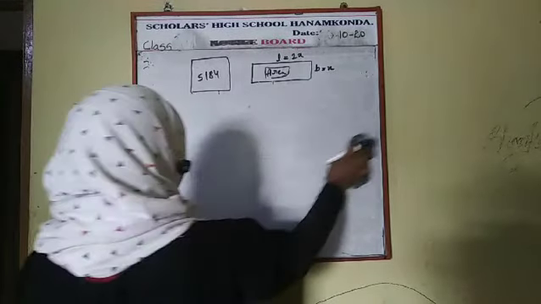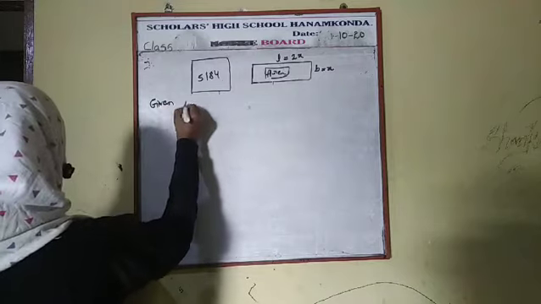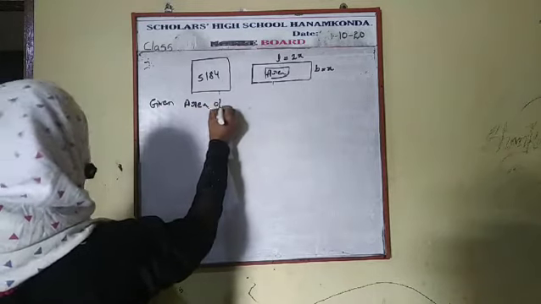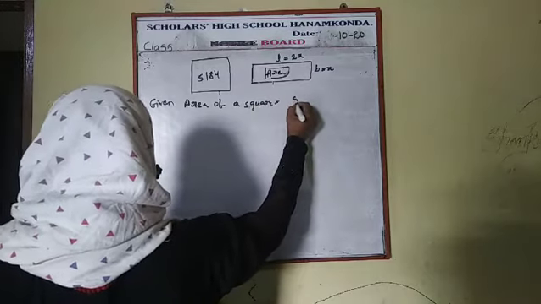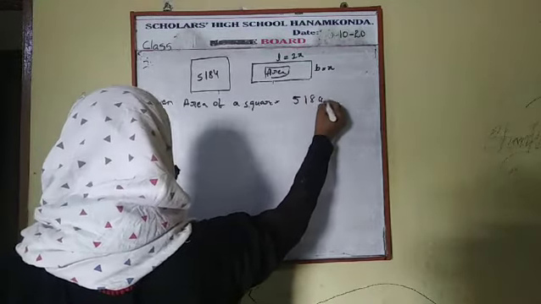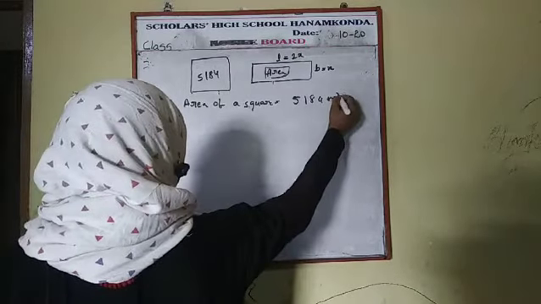Now, given area of a square is 5184 meter square.